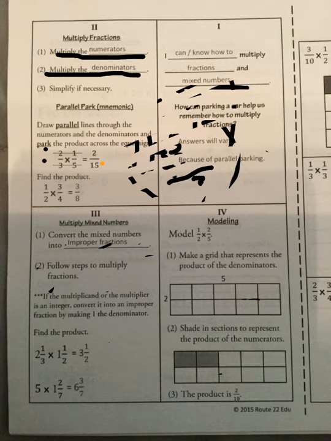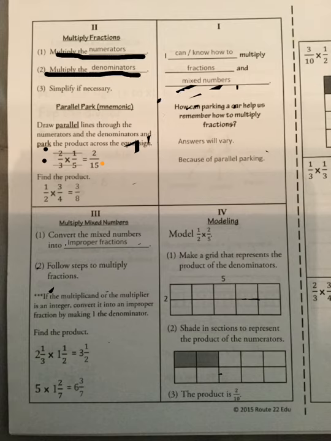On this one, it says that we're going to be modeling. So we're going to be working some problems. 1/2 times 2/5. So I'm going to be multiplying those together. 1/2 times 2/5, make a grid that represents the product of the denominators.